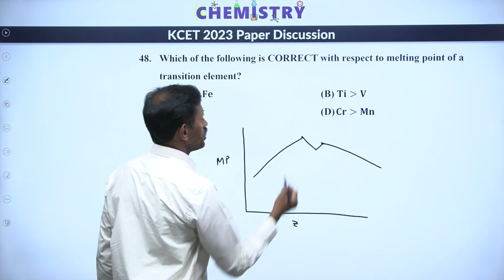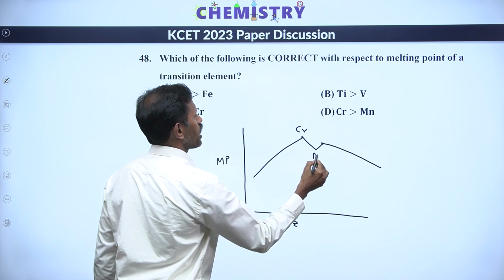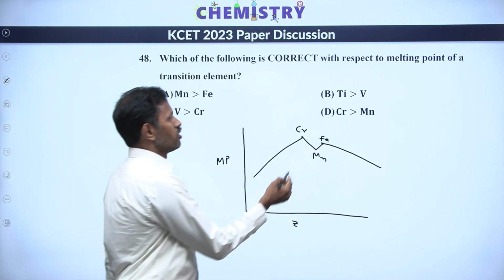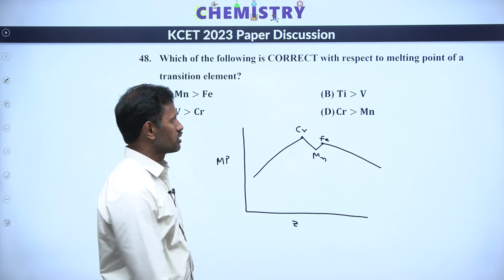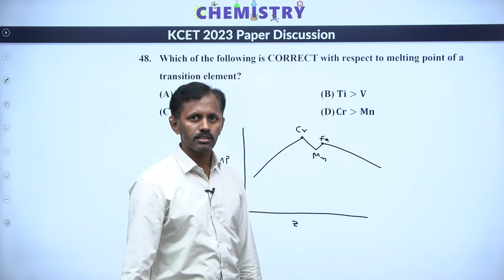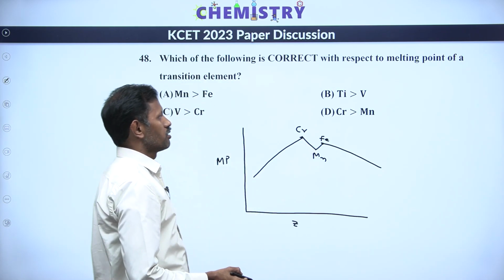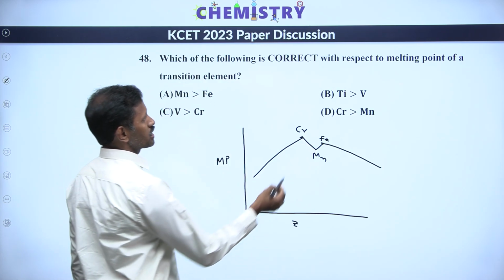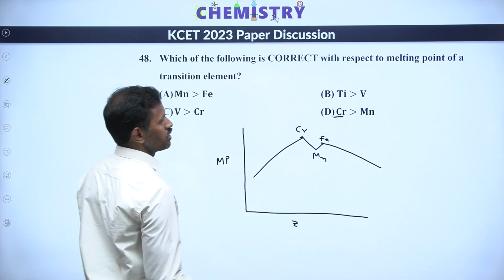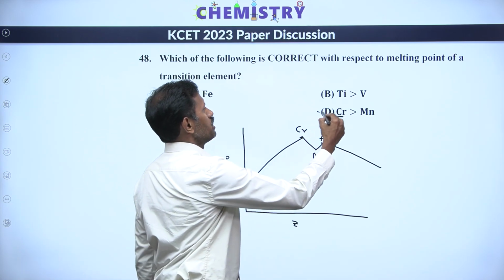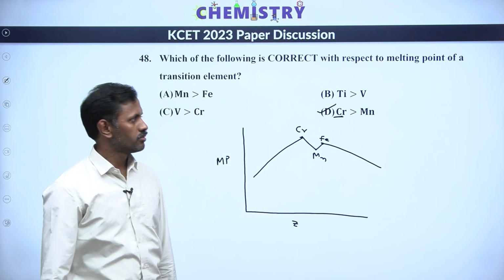As per this graph, chromium has the highest melting point since it has a high number of unpaired electrons and strong metallic bonding between one chromium metal atom and another. That is why chromium has a high melting point, after that manganese. So, as per the graph, the correct option will be D for the given question.